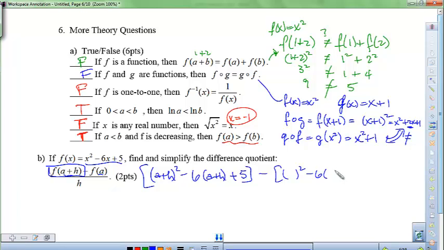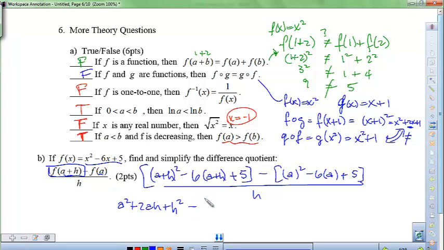I usually like to write my functions with these function holder parentheses. And again, wherever I see an x for this, I'll replace it with an a. So that's the whole numerator. The denominator is just h. Alright, so let's see how this is going to work out. Let's FOIL this out. This is going to be a squared plus 2ah plus h squared.